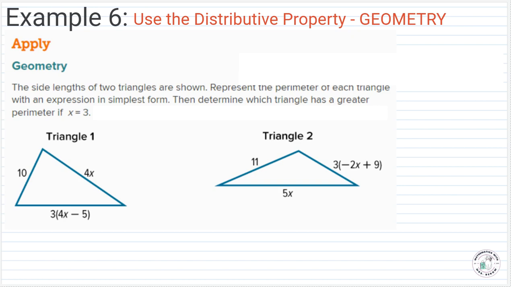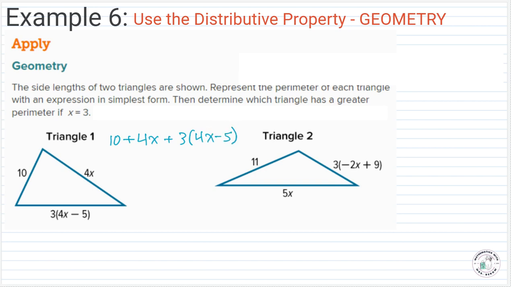Now to find the perimeter of a shape, we add up its outside lengths. So for triangle 1, we're going to be doing 10 plus 4x plus this final one, which is 3 multiplied by the 4x minus 5 inside parentheses.